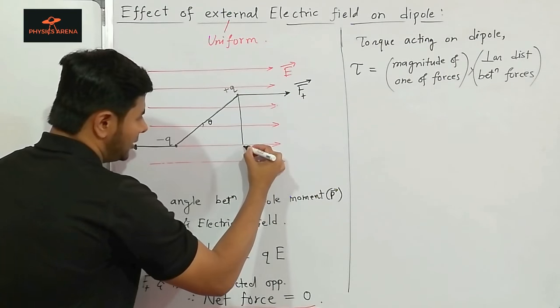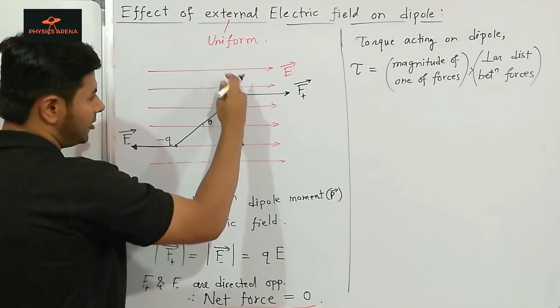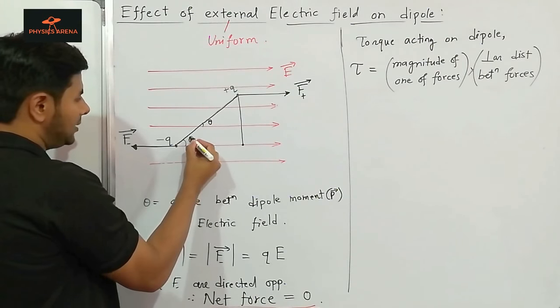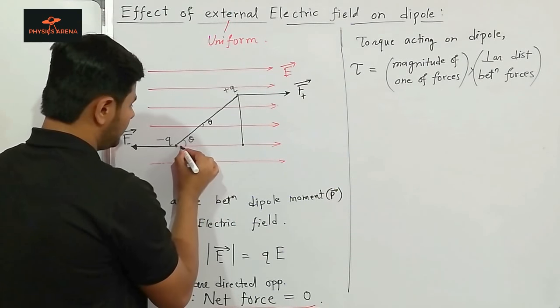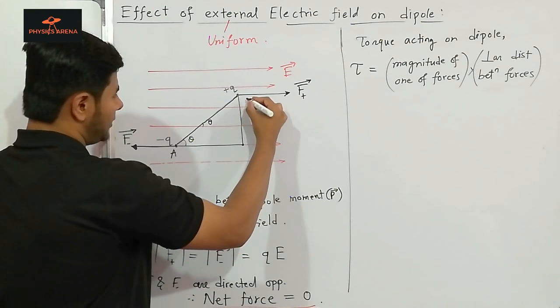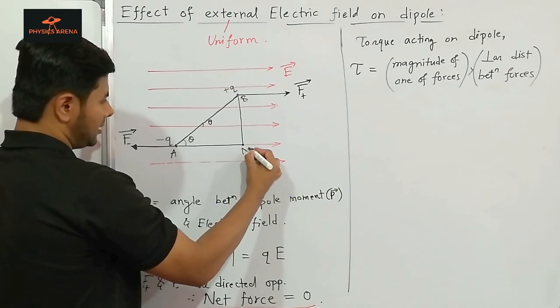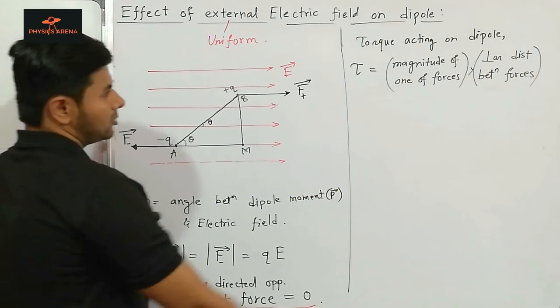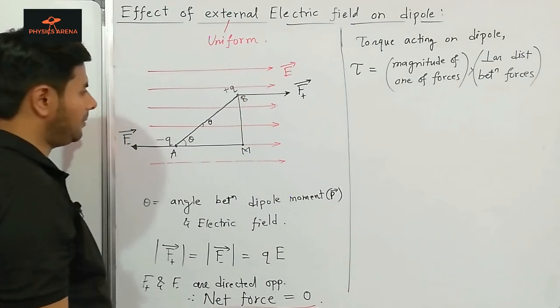So this much is the perpendicular distance between these forces. This angle is also theta. Let's name these points. Let's call this A, this is B, and this is M. So the perpendicular distance is BM.